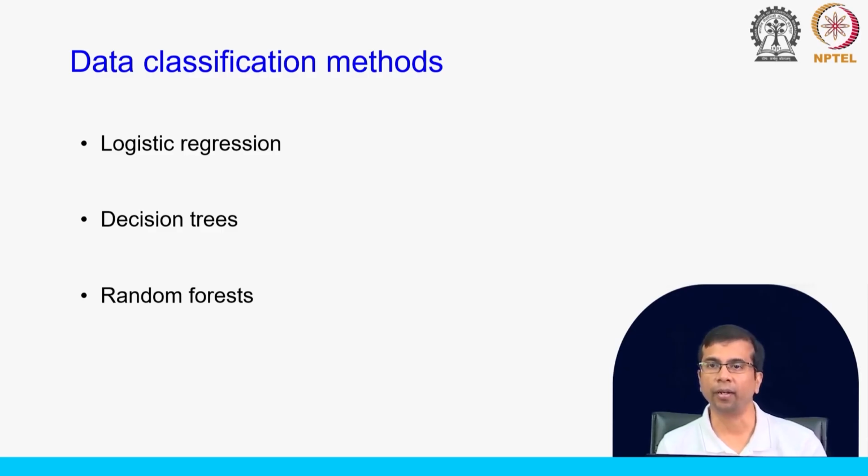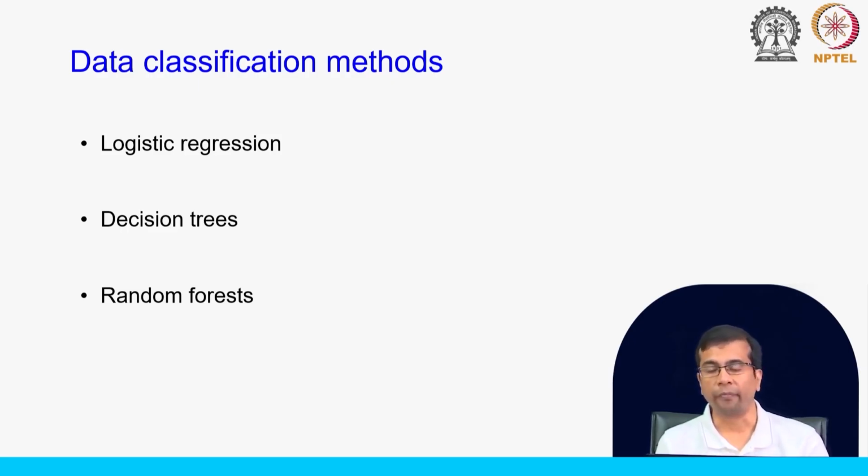This is something we have seen in linear regression. We assume a linear relationship between the response variable, the y, the dependent variable, and the independent variables, x1, x2, and so on. In this case, decision trees and random forests can actually be more powerful than linear regression.